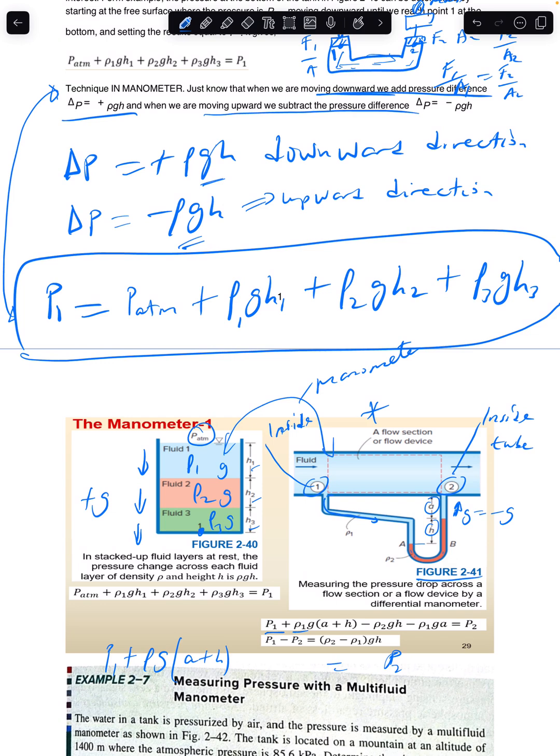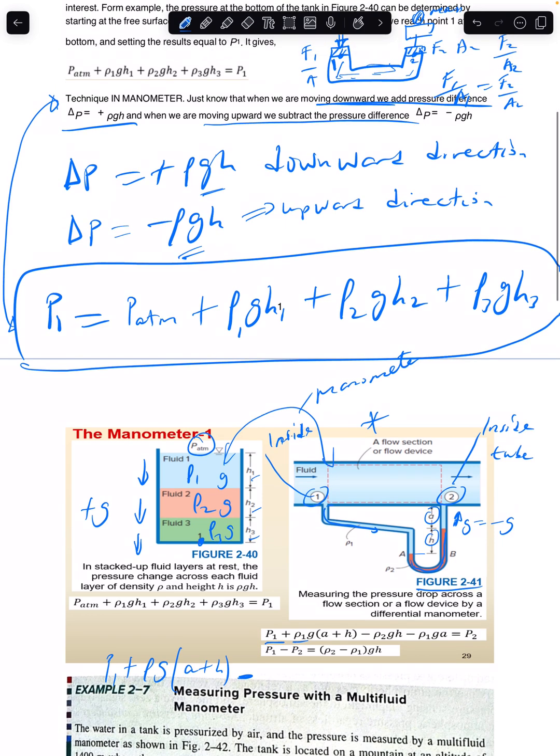Now we are coming to fluid 2, which is going upward. So we have negative, the density rho GH, because G is negative, going upward.